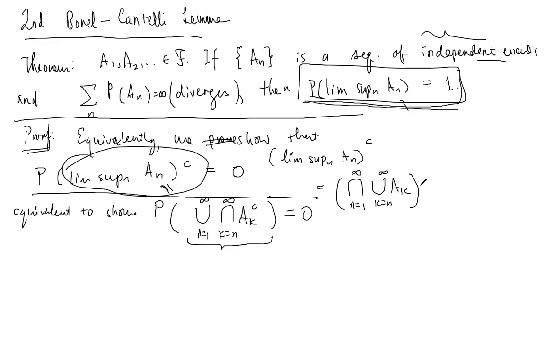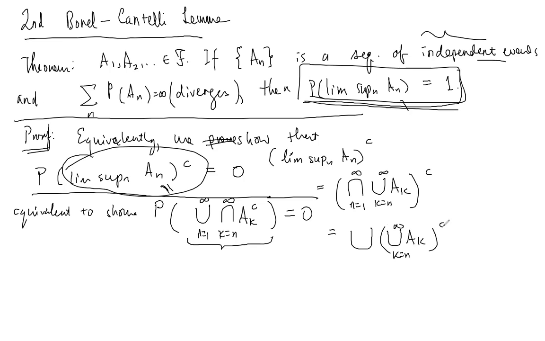You take the complement, and when you take the complement, you apply De Morgan's law. I think we covered De Morgan's law. So if you apply De Morgan's law, the intersection here will become the union, and then you have a union over k.